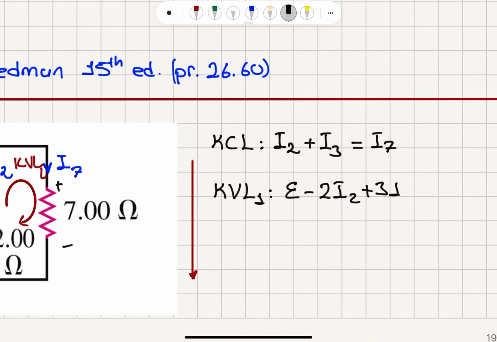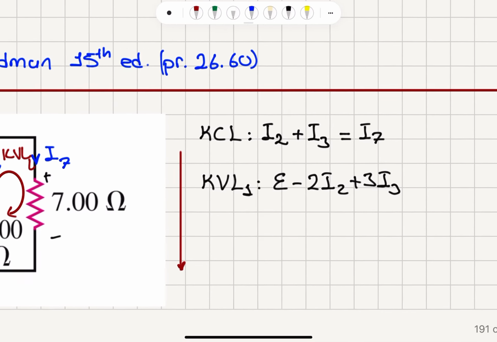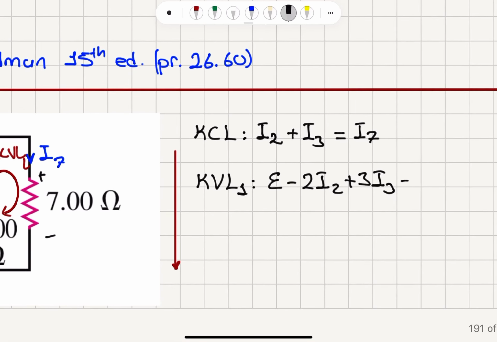And finally I have this EMF, which is minus 24 volts. These should add up to 0 according to Kirchhoff voltage law.